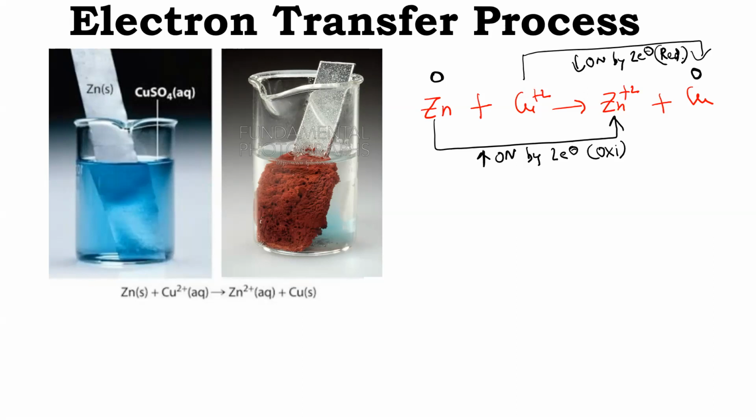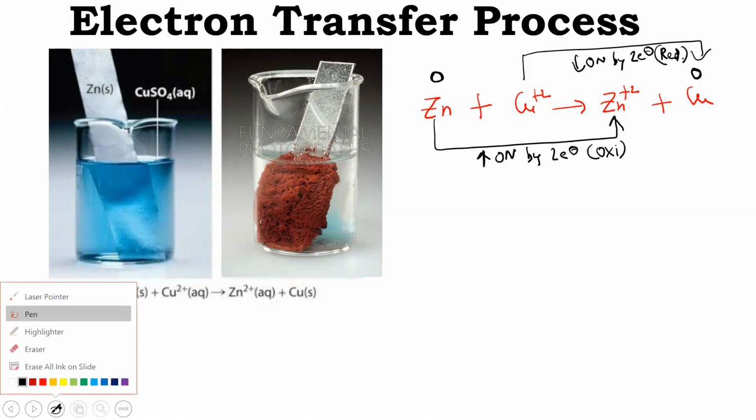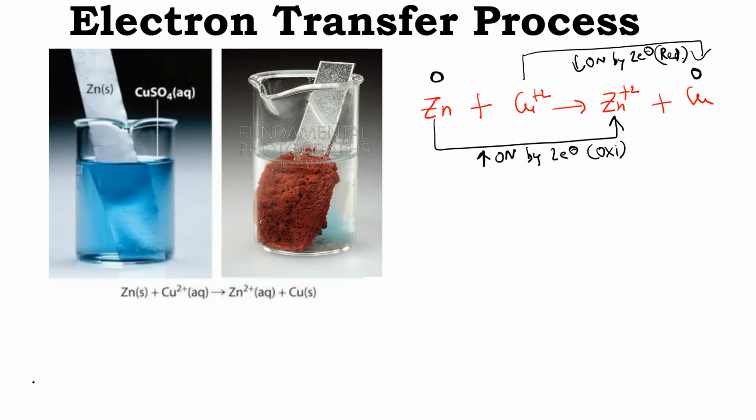Now there's one more thing you need to remember, that is the terminology with respect to the oxidizing agent and reducing agent. Let me put it simply. The substance which is getting oxidized is a good reducing agent. So here zinc will be the reducing agent.